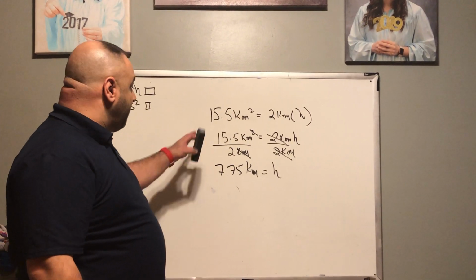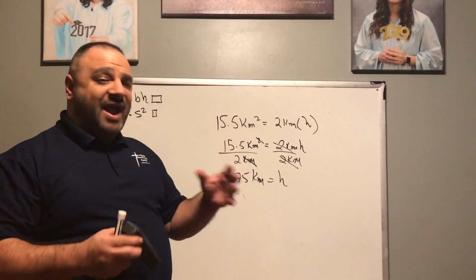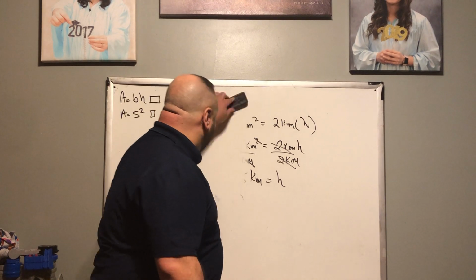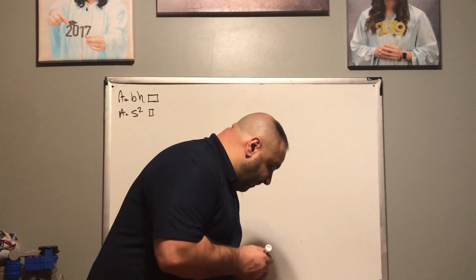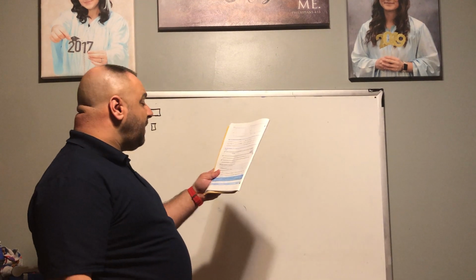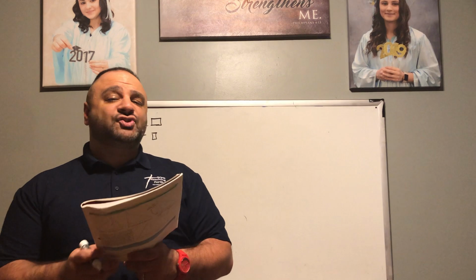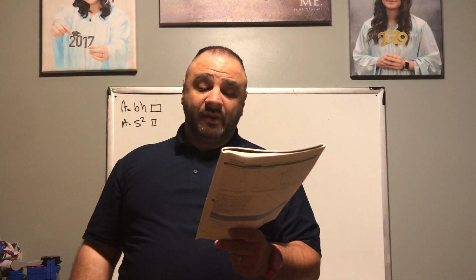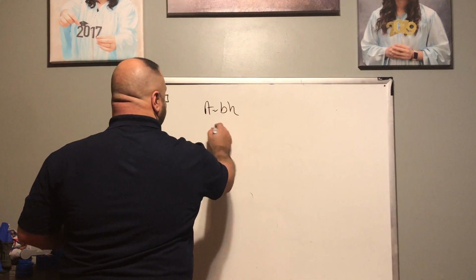All right, so let's do a couple more word problems, and just practicing. We're just getting used to finding the area of a parallelogram. Okay, let's look at number 13, and then we'll do number 15. 13 and 15 on page number 9. Okay, so 13. The base of a parallelogram is 9 centimeters, and the altitude is 6 centimeters. What is the area of the parallelogram? So again, area equals base times height.